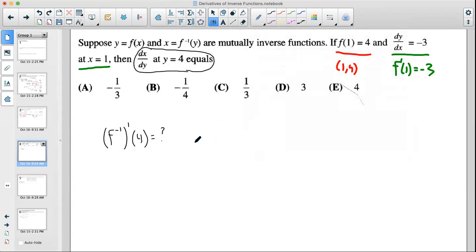So we have a formula for the derivative of the inverse. The derivative of the inverse is 1 over f prime at f inverse of x, for whatever x I'm using. And in this case, I'm using 4, because they said at 4.